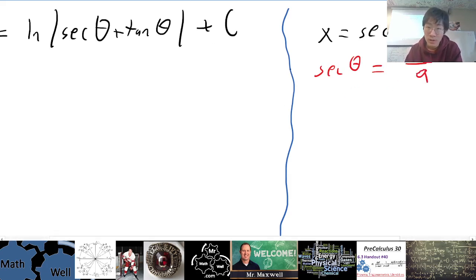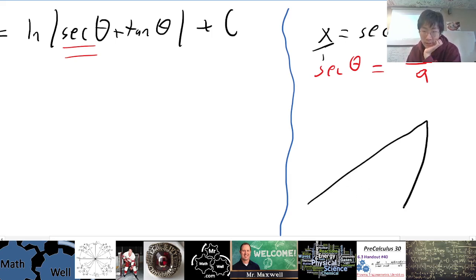And so if x equals secant theta, or again, we can write this as x over 1, then that means x is going to be our hypotenuse, and 1 is going to be our adjacent side. I'll draw the triangle in here, just so I don't have to erase.